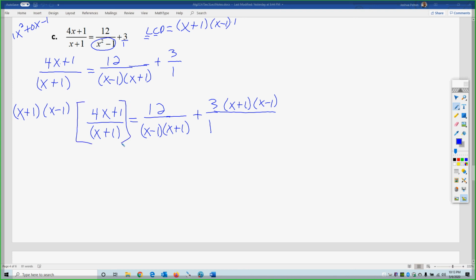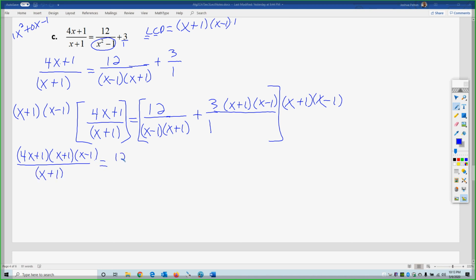All right, multiply the left side and multiply the right side. Okay. Looks like we're good there. So as a result, we get 4x plus 1 times x plus 1 times x minus 1 all over x plus 1 equals 12 times x plus 1, x minus 1 over x minus 1, x plus 1.